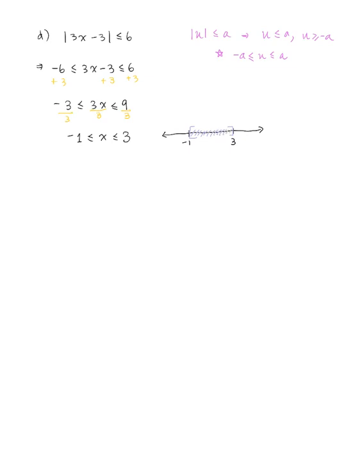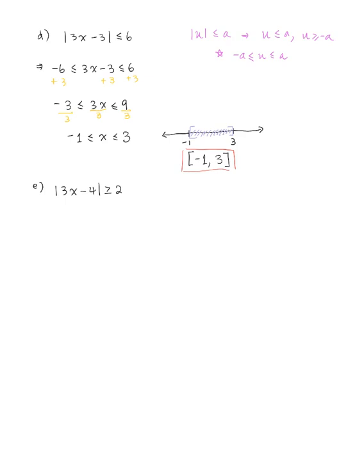So in interval notation, our solution set is negative 1, comma, 3, and they'll both be closed brackets. And there we go. Alright, let's make this one the last example.